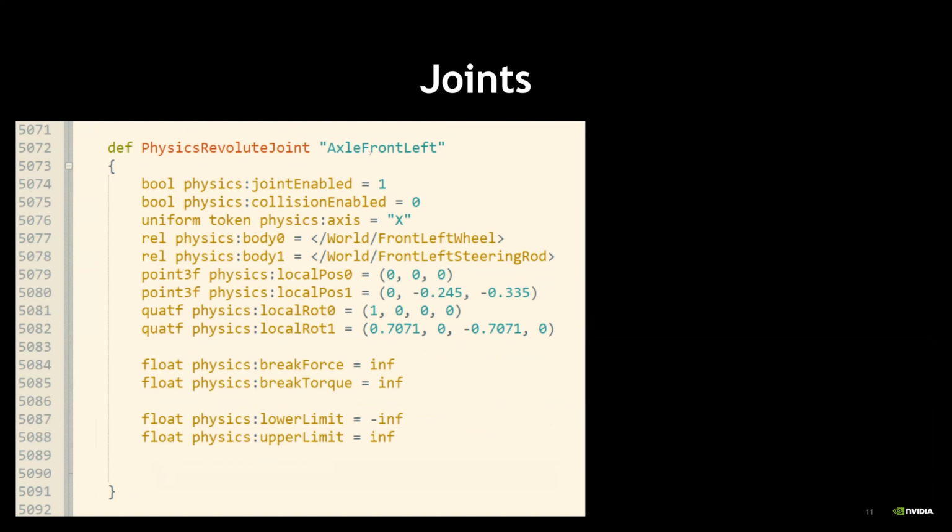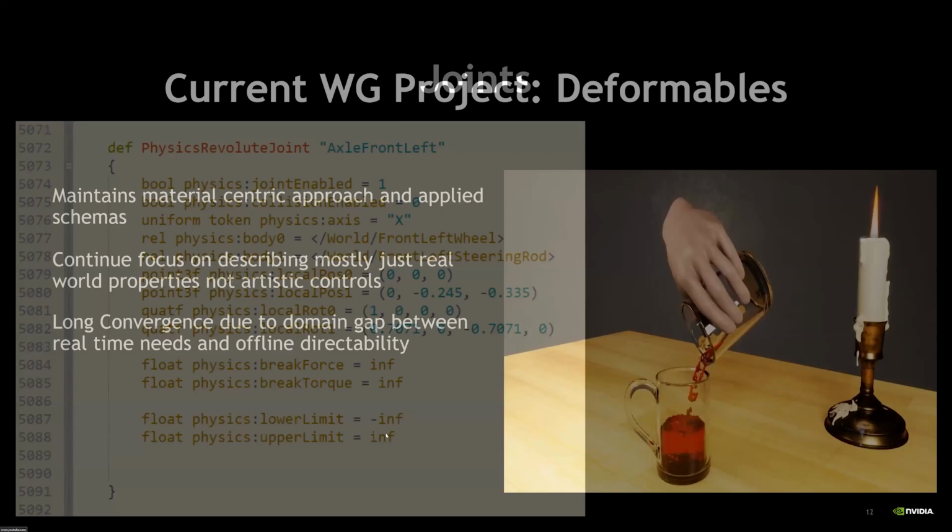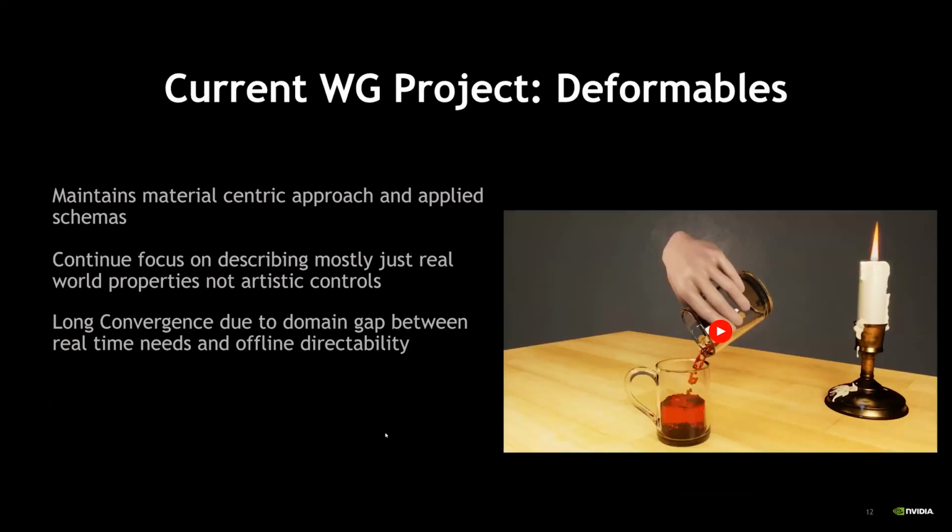This one is not just adding an API to something, it's a whole new object. You have the joint frames, and you reference the two different bodies that you want to join together. You can make it breakable, and you can limit the arc of rotation, that kind of stuff. So that's in a nutshell the kind of capabilities that USD Physics gives you.